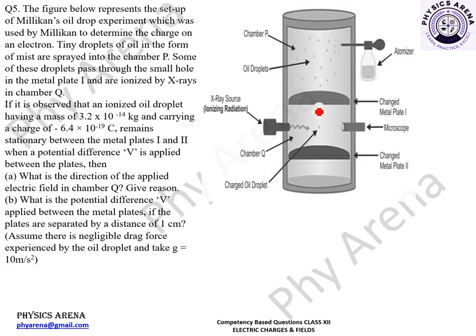When they move downwards, they pass through the small hole in the metal plate.